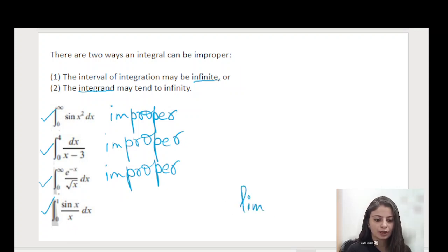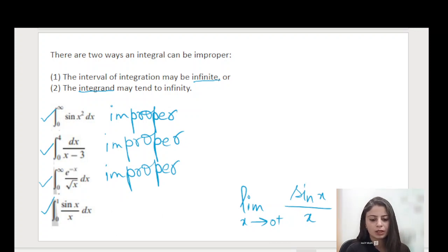So when I find limit x tending to 0 of sin x by x, the value of this limit is 1, which is a finite number. Therefore, this is a proper integral. This is not an improper integral. So you see that given any definite integral, one has to be very careful while identifying whether it's an ordinary integral or an improper integral.